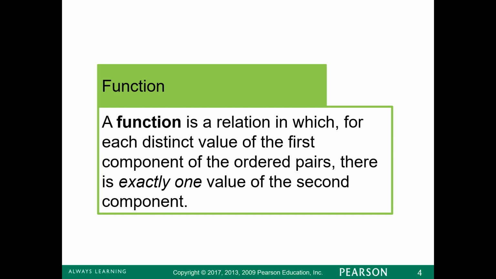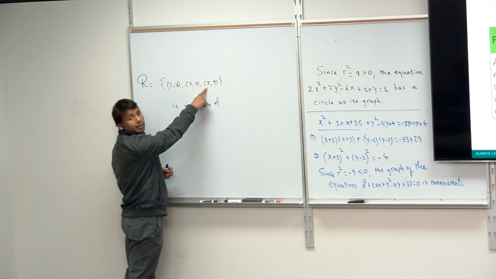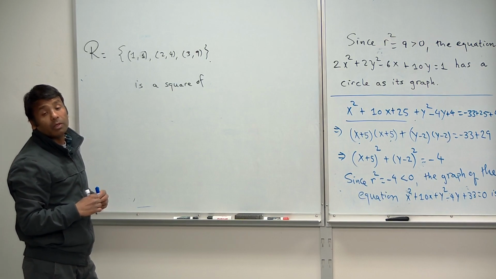So this relation is a function, because for each distinct x component, like 1, there is just one y component. The x component 2 corresponds to only one y component, 4, and the same thing here. That's why this is a function.